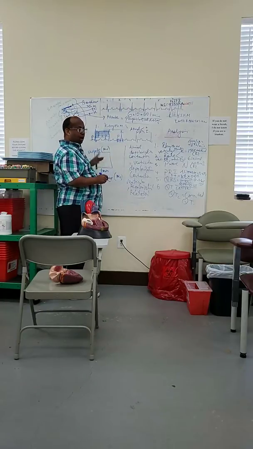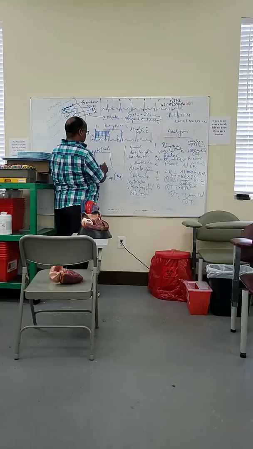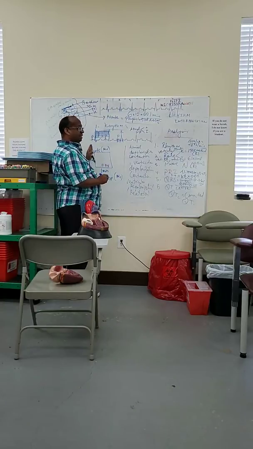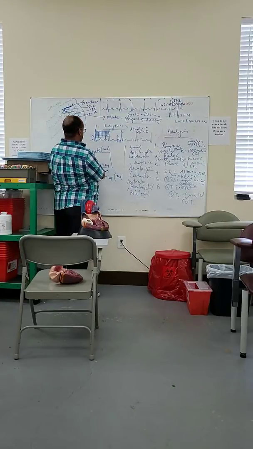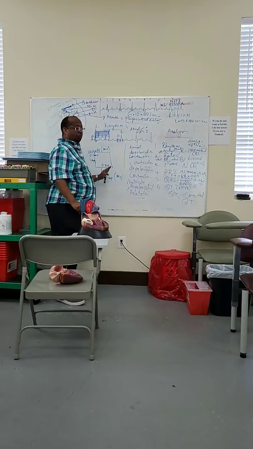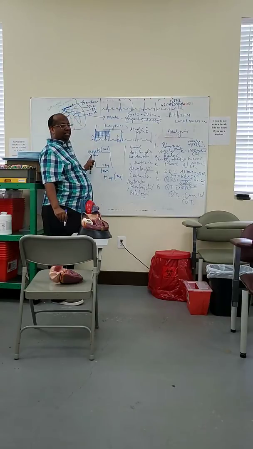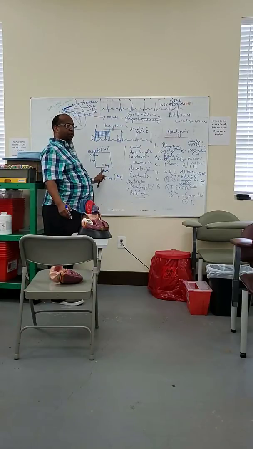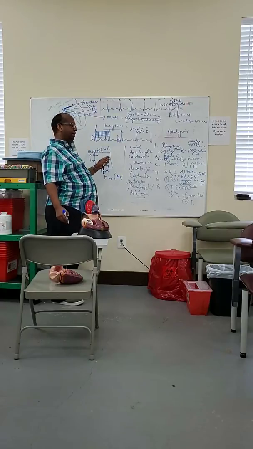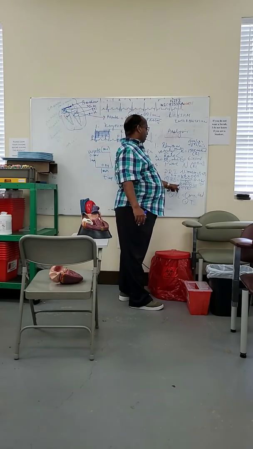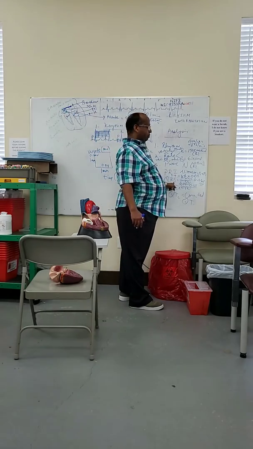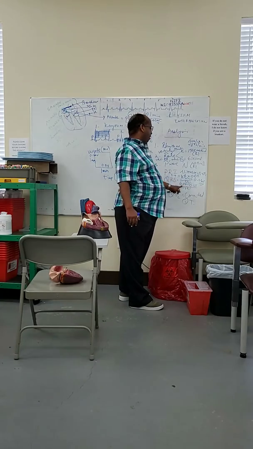Each horizontal millimeter is 0.04 seconds, and each vertical millimeter is 0.1 millivolts. So each little box is 0.04 by 0.1. So we multiply the little boxes for QRS by 0.04 second, and the normal value is 0.04 to 0.10.